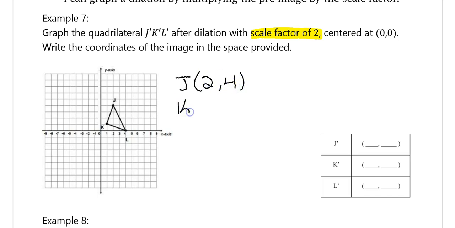Then I need point K. And K is at right 1, up 1. So that's 1, 1. And then we have point L. Remember, you go left and right first. So I have to go right 4, and then it doesn't go up at all. Okay, so be careful for those ones that are on the axes. I know we'll flip those ones a lot.